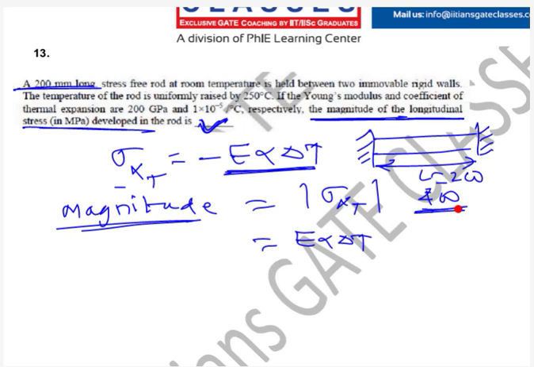So what is the answer here? 500 megapascal. So the answer has to be positive here. Why positive? Because they asked magnitude.